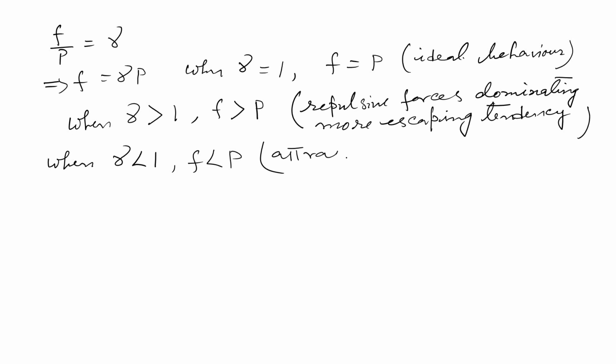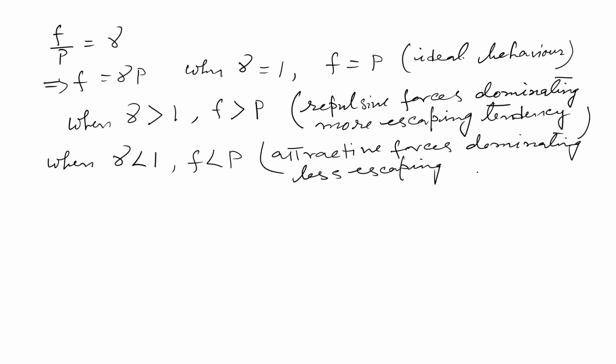So, attractive forces dominating, what does it mean? That is less escaping tendency. Fugacity less means escaping tendency is less.